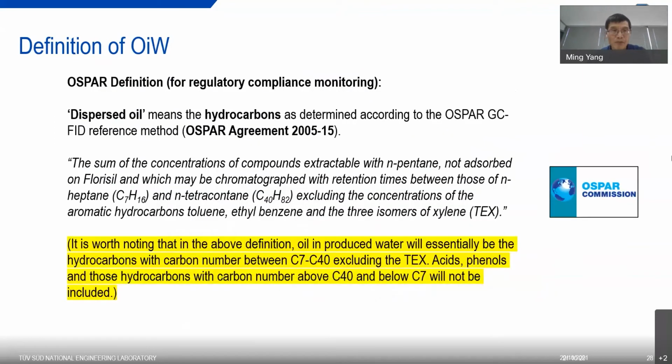In OSPAR, we have this term called dispersed oil, and this is the oil measured that needs to be compared to the 30 milligram per liter monthly average. And dispersed oil means the hydrocarbons in the OSPAR regions as determined according to the OSPAR gas chromatograph flame ionization detection reference method.